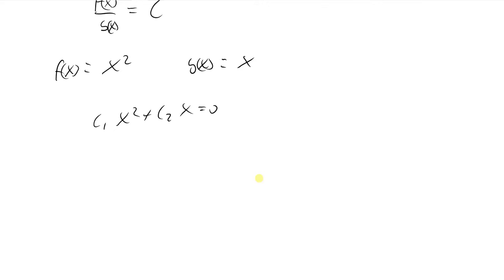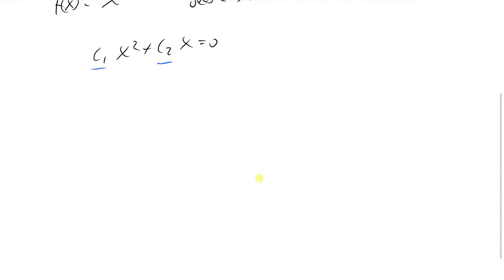Is there any constant we can multiply by these to get 0 from these? If we had something like -1, there's always going to be that x squared and that x, or there's going to be just x squared, unless they're both 0, but that's not an option. So obviously these are going to be linearly independent.